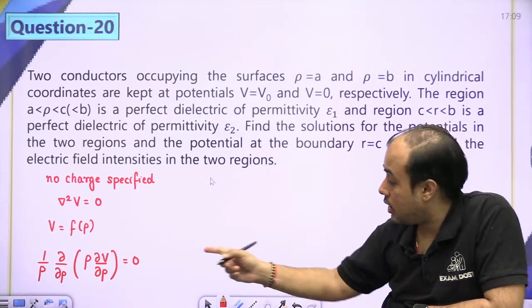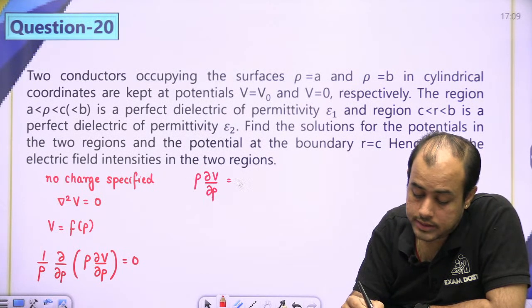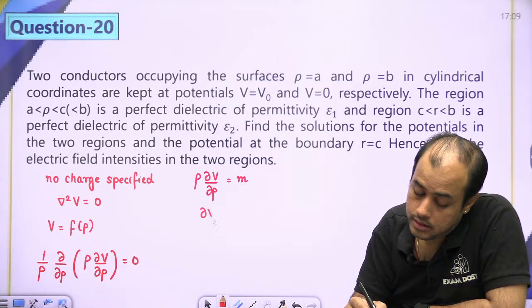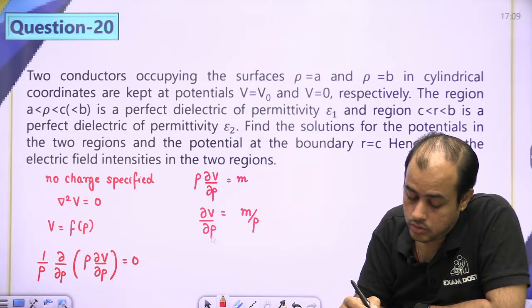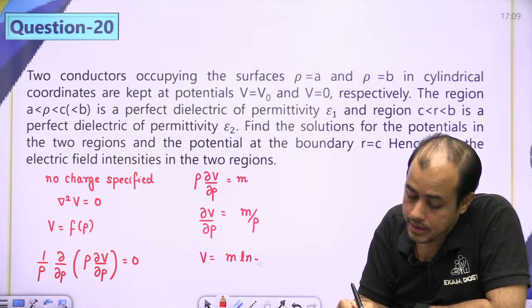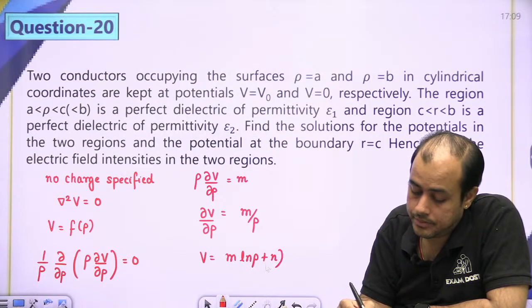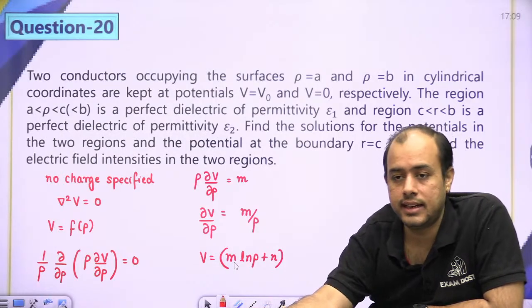Now beta, because the derivative is 0, so you can say the value inside the derivative is constant. So del V is m by rho, del V by del rho. So now V, if you integrate, m ln rho plus n. Now I do not know the value of m and n.